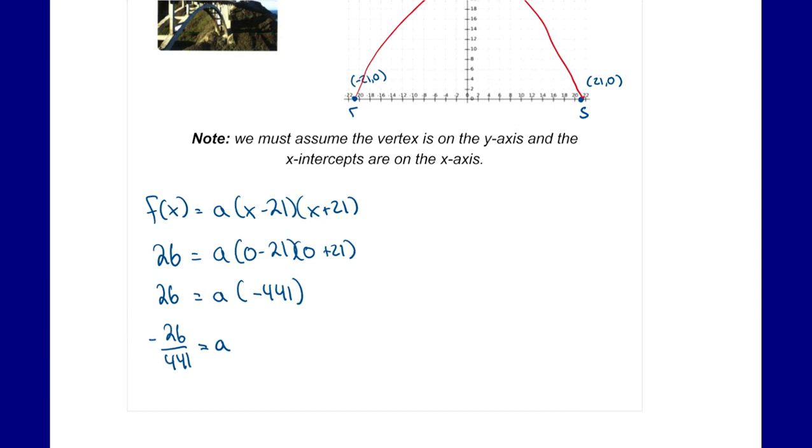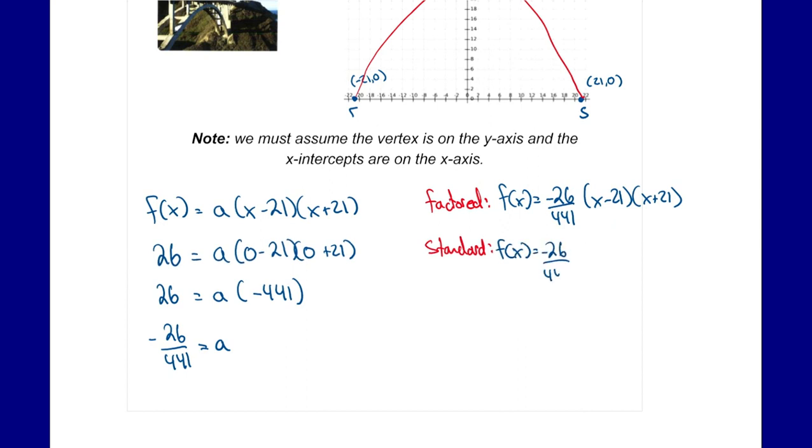That's now my a value, so I can write it out in factored form first. f of x is equal to negative 26 over 441 times x minus 21 times x plus 21. In standard form, f of x is equal to negative 26 over 441.